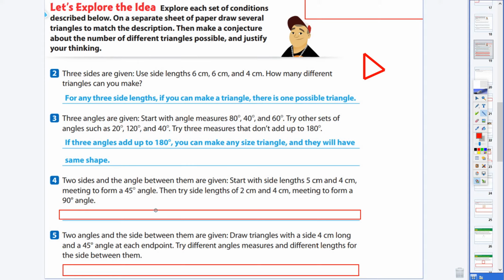Problem 4. 2 sides and the angle between them are given. Start with side lengths 5 centimeters and 4 centimeters, meeting to form a 45-degree angle. Then try side lengths 2 centimeters and 4 centimeters, meeting to form a 90-degree angle. So let's actually do that before I reveal the answer.